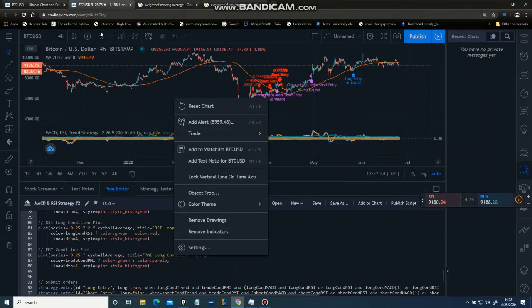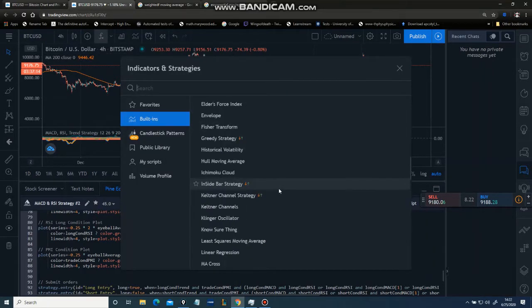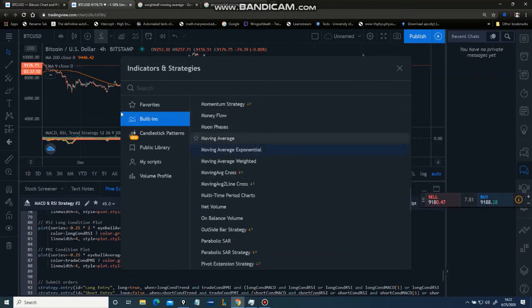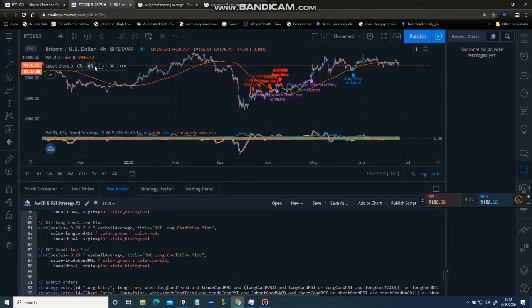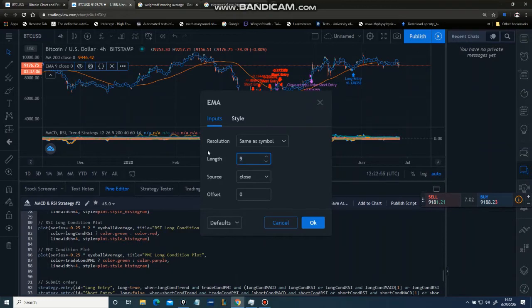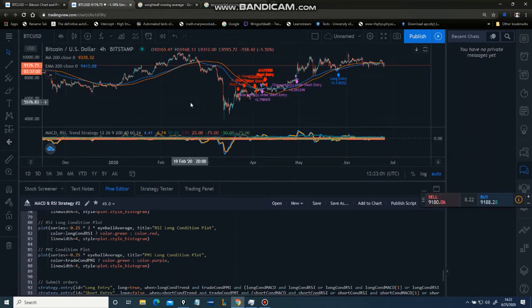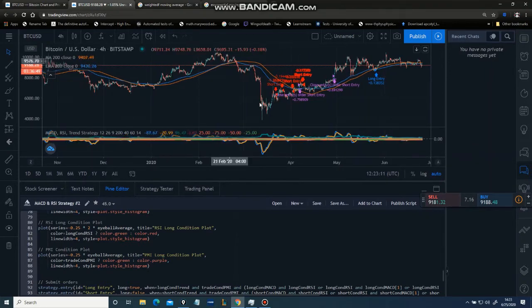Okay, so take the exponential. Moving average exponential, yes. And adjust that length, first to 200 again. Just see what that does. Okay. Yeah, not gonna lie, after such a big drop, I feel like this is not part of any larger trend.